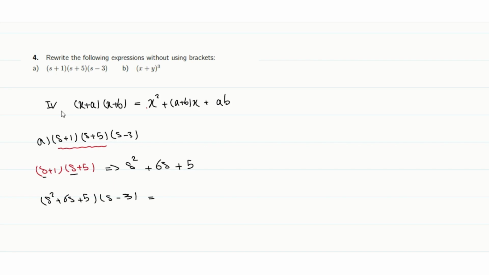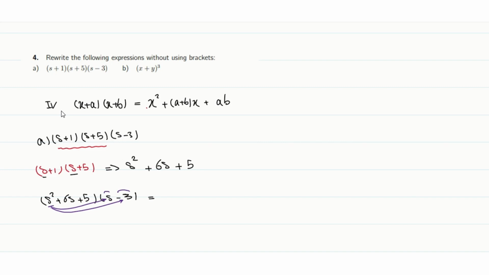Now you should do the same process that we used on the earlier questions. We should multiply each of the terms in each bracket by each of the terms in the second bracket. So the first term in the first bracket should be multiplied by each of these terms in here. The first term is s, and the second term is -3.